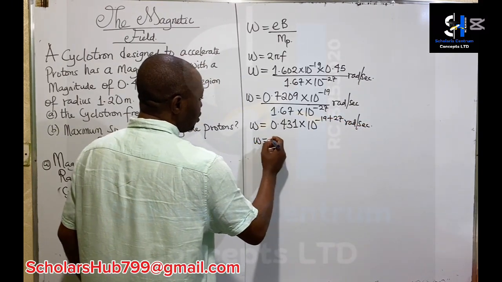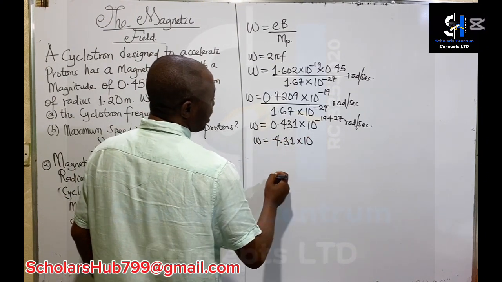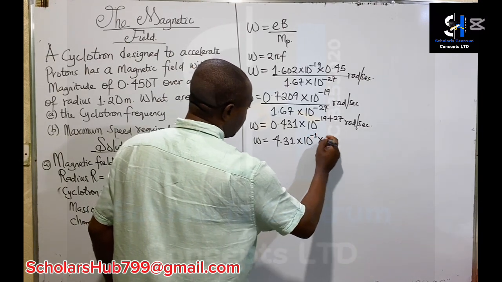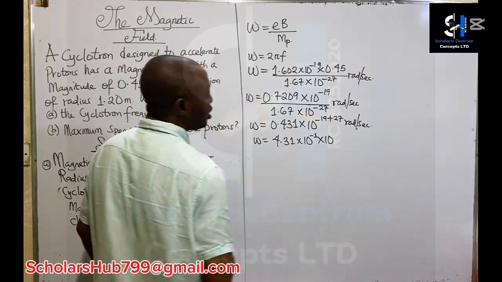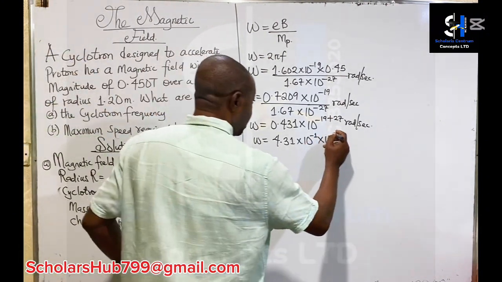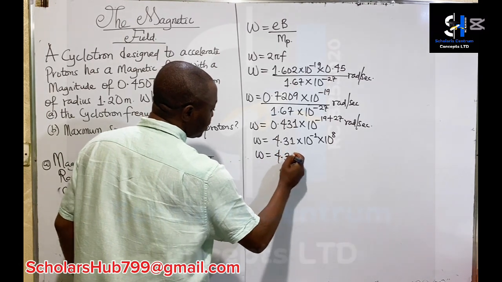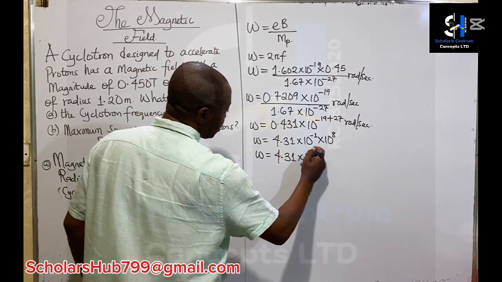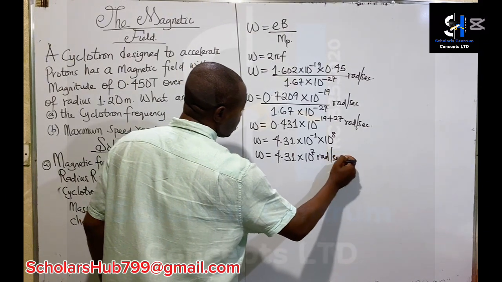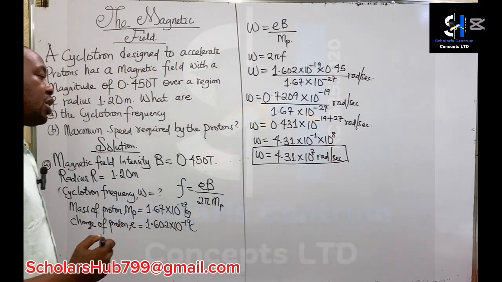So W will be 4.31 multiplied by 10 raised to the power of minus 1, then multiplied by 10 raised to the power of minus 19 plus 27, that will be 8. So W will be 4.31 multiplied by 10 raised to the power of 7, and this will be in radians per second. So this is the frequency of the cyclotron.